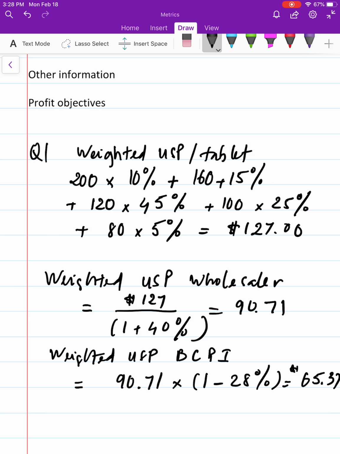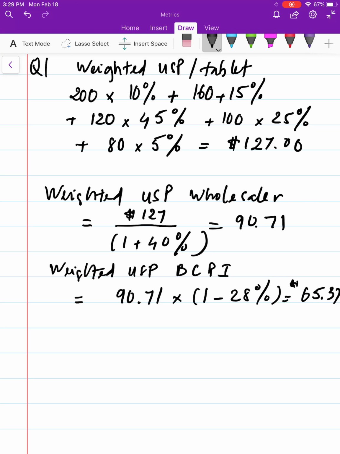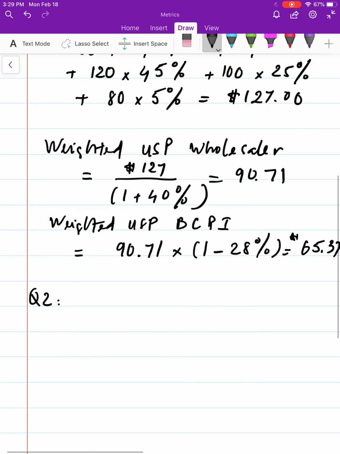Okay. Next question, asking for the exact same information but using the markup chain approach.